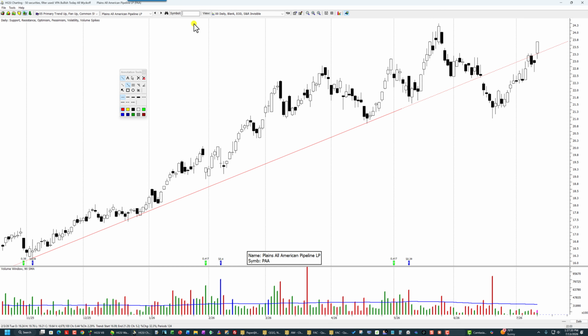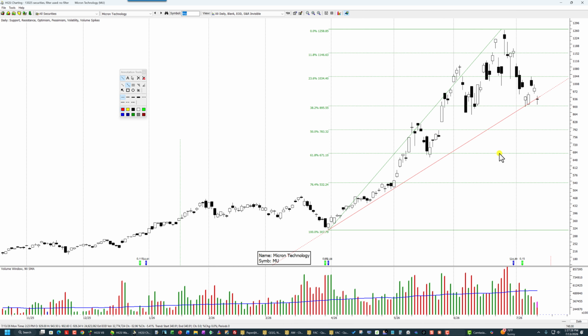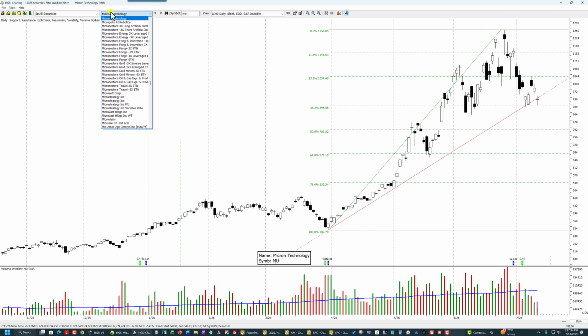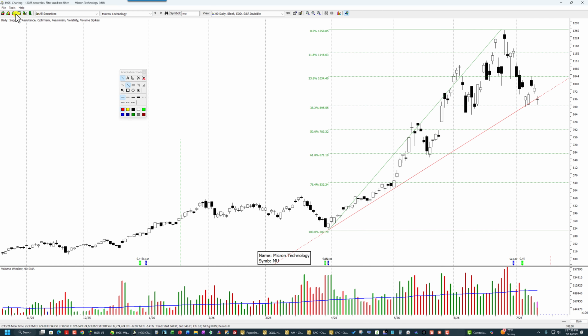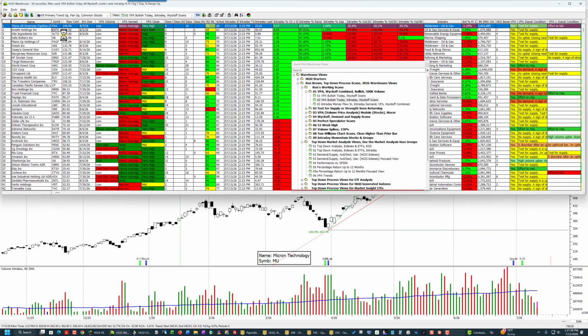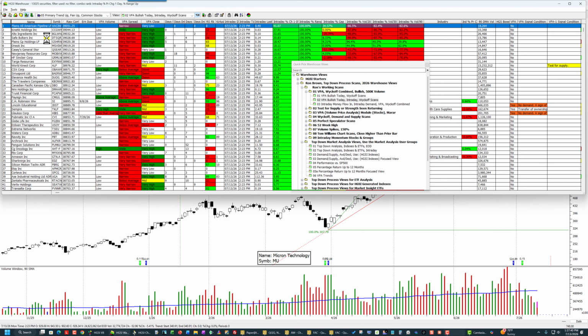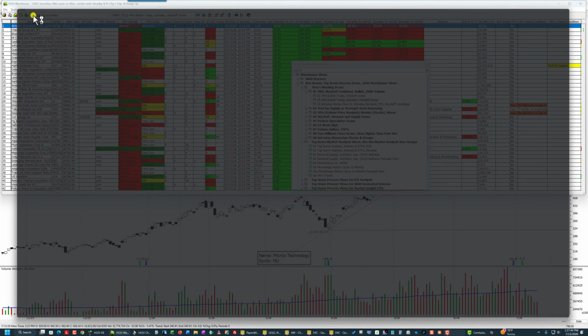If I go to another chart, how about MU? I think I've already marked this one up. It's got a Fibonacci on it also. I need a blank chart. Sorry about that. I'll find something here. Oh, I hit the wrong thing.